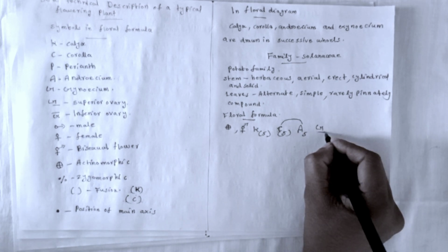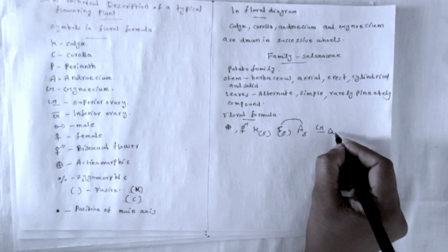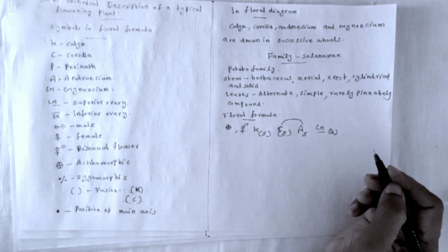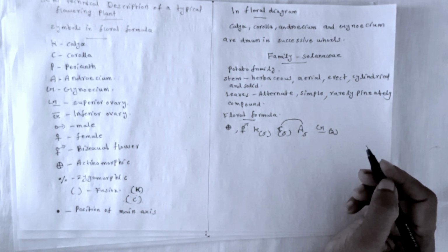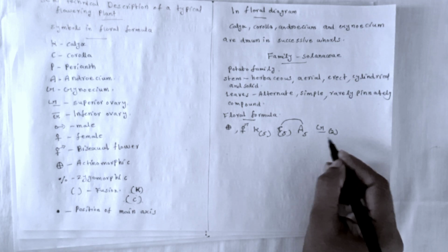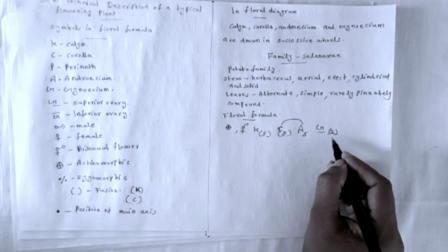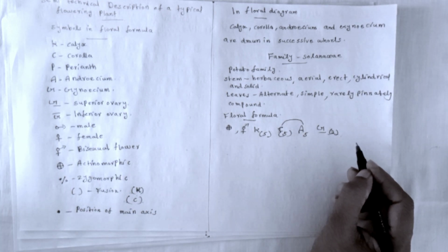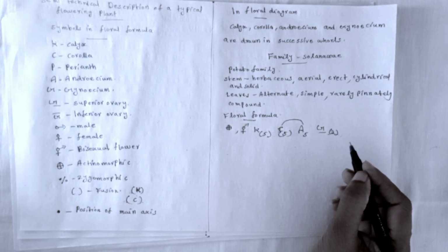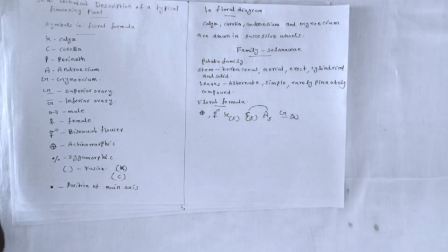Gynoecium with superior ovary, 2 locules, fused. Gynoecium bicarpellary with 2 carpels, syncarpous, that means fused, superior ovary, bilocular, placenta swollen and axile placentation.